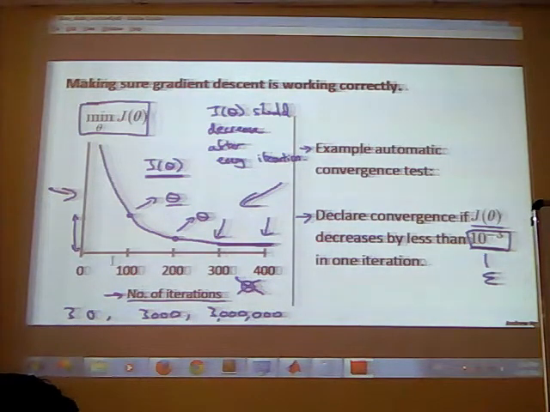For different numbers of iterations, we have a corresponding value of J of theta. Suppose for 100 iterations we have this value of J theta. Moving on to further iterations, at 200 we have some more values of J theta, with a corresponding value of theta.